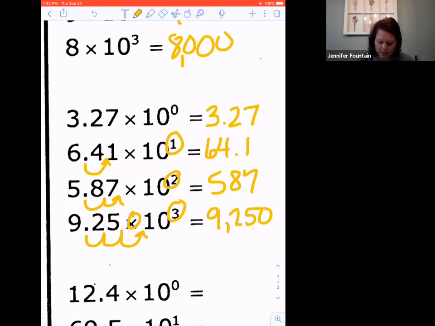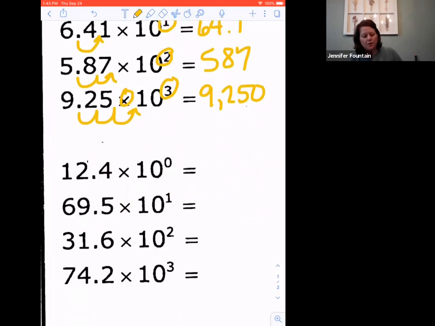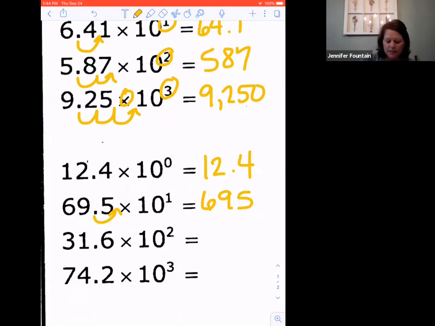All right, let's do the next set. I'm dealing with some bigger numbers. 12.4 times 10 to the 0, 12.4. 69.5 times 10 to the first, or 69.5 times 10. I move my decimal one place, so that's 695. 31.6 times 100, or 10 to the second power.